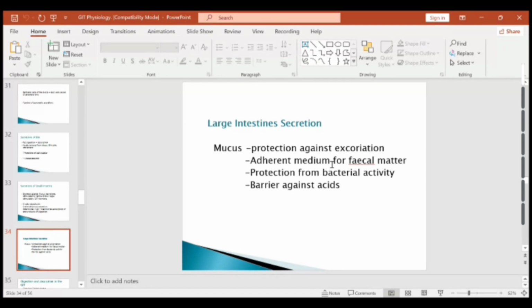The purpose is to prevent abrasion, or what we call excoriation, by the fecal matter into its internal lining. And it also forms a protective layer against the bacteria. So the bacteria is mostly the normal flora, and the purpose of this bacteria is to break down the undigested part of the food that you ate. So for example, the starch that is hard to break will be broken down by this bacteria in the colon.